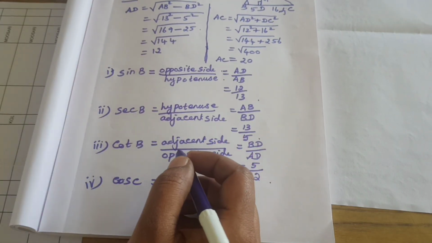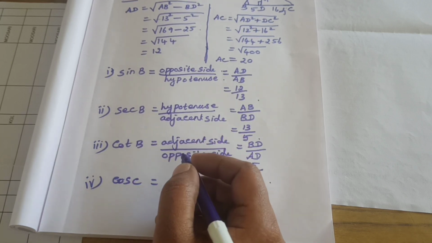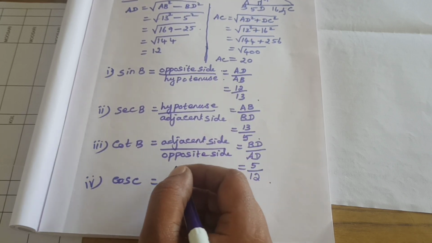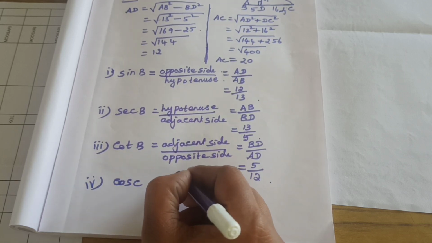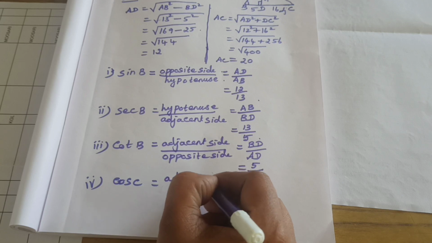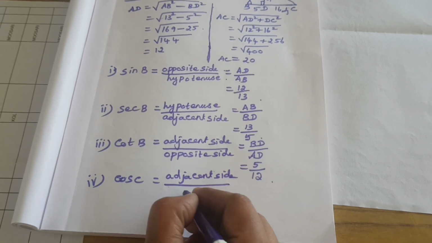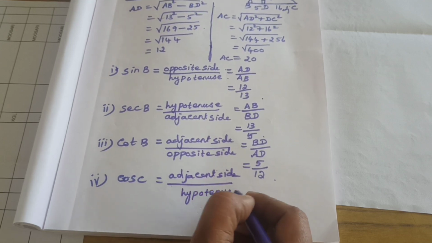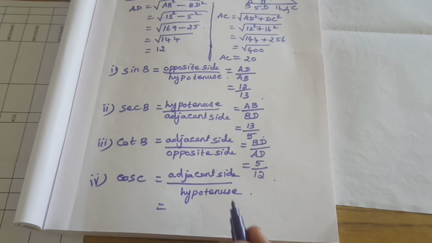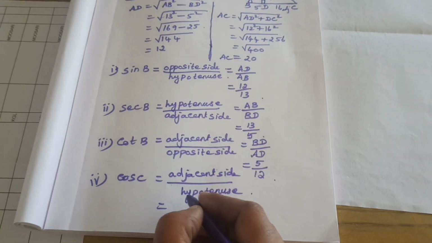Then cos C. What's the formula? Cos theta, here the angle is C. Adjacent side divided by hypotenuse. The adjacent side here is DC, isn't it?